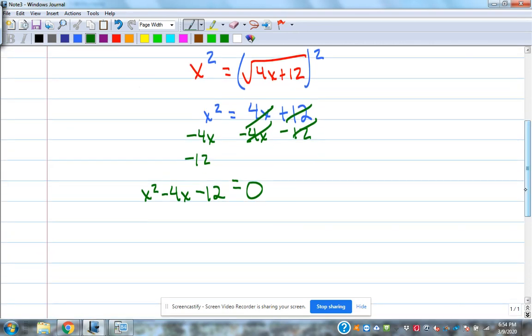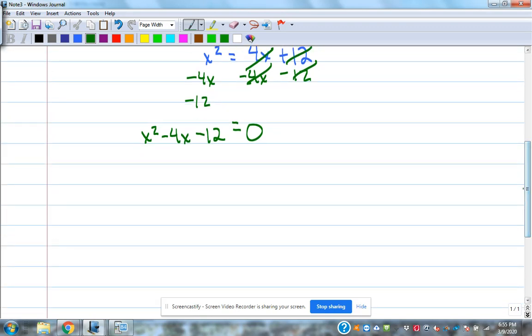And I have options to solve that. Okay. I can solve it by factoring. I can solve it by quadratic formula. I'm going to do both methods on this problem just to refresh you on those ways of solving those things. So I'm going to do factoring first. That's that x method thing. Multiply to be 12 and add to be negative 4.